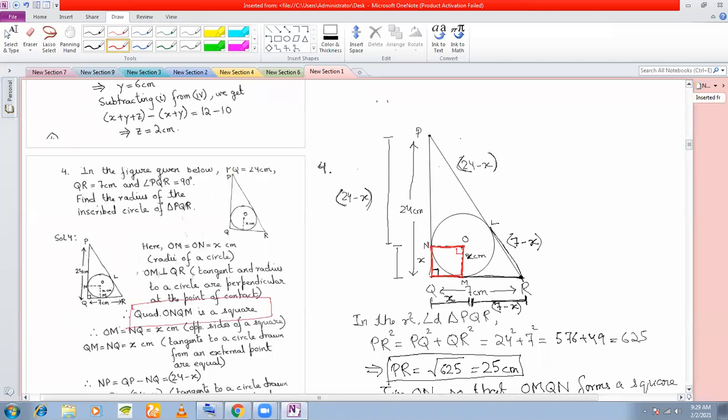I have not proved it here. You just state that it is a square and move on. In the first video I showed you how to prove that it is a square. I gave you a justification there. Those who understand mathematics will be able to appreciate what I have done here. But for those who understand 80 or 90% of mathematics, it is sufficient to write it as a square.